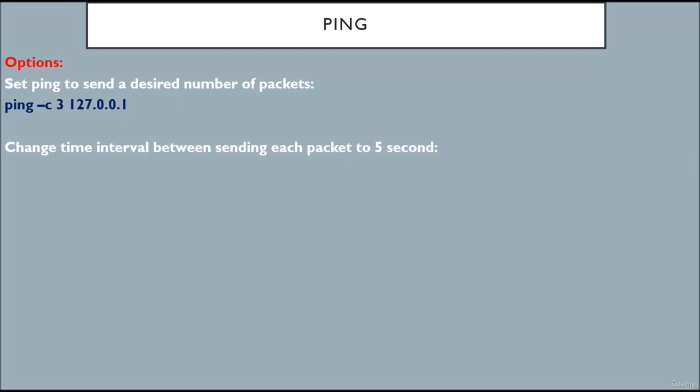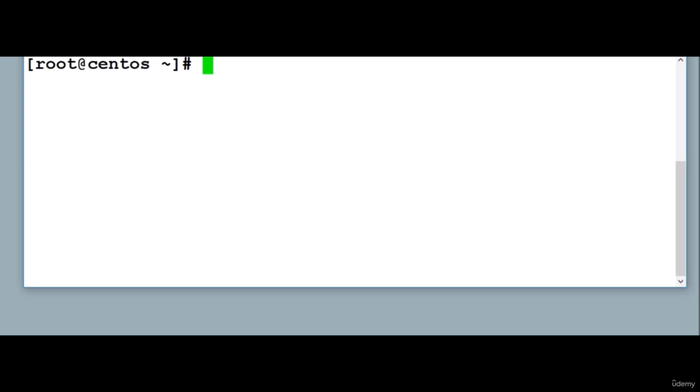Change time interval between sending each packet to 5 seconds. Usually by default it's 1 second, but you can change the time interval between sending each packet to whatever seconds you want. For example, 5 seconds in this example. The option we will use is -i. So let me bring up the terminal and let's try this.